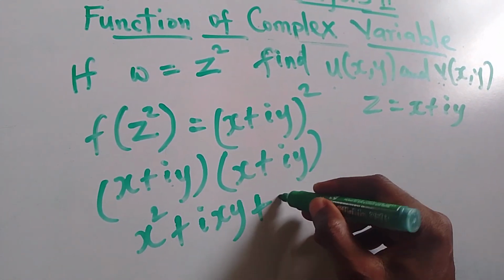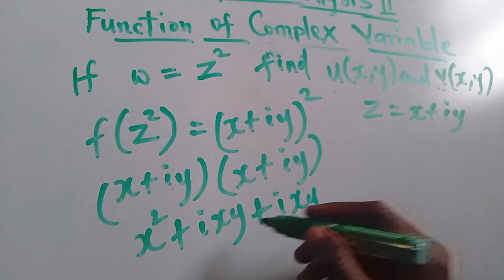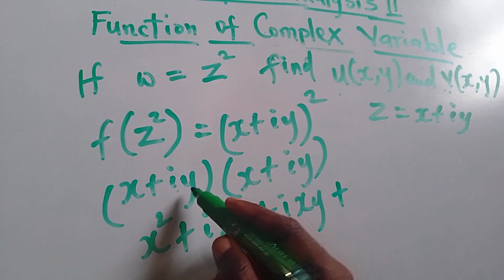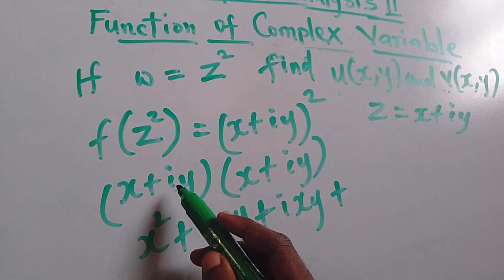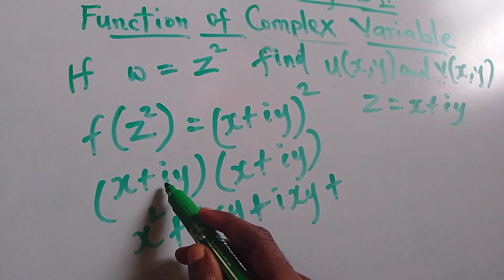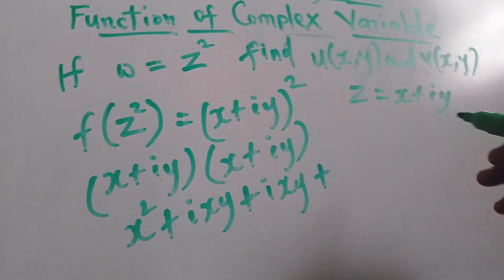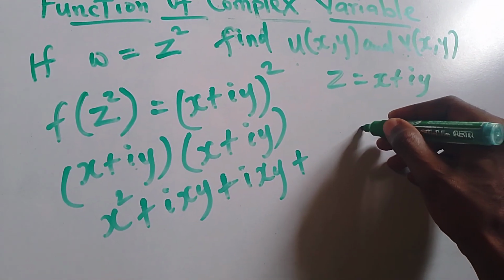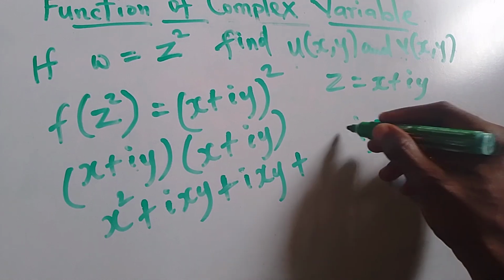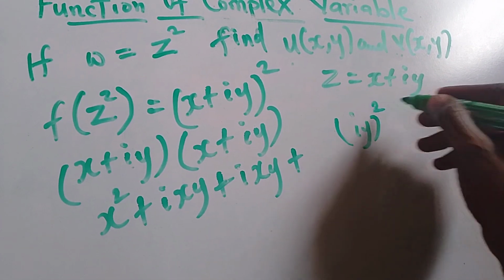So that is going to give us ixy. Then here we are going to have plus, and now watch this, this is where some people might have issues. Now iy times iy, let me take it out and simplify. iy times iy will give us iy square.